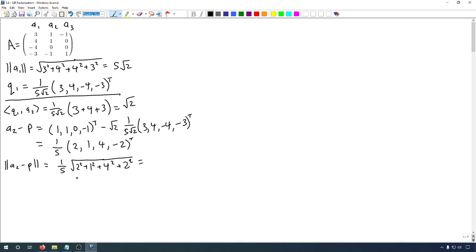So you have square root of 25 over 5, we get a 1. So actually, we don't need to do anything. We divide the a2 minus p that we had up there by 1, and we get our q2. So one nice situation where we actually did get a unit vector. We don't expect that to happen, but in this case it did.